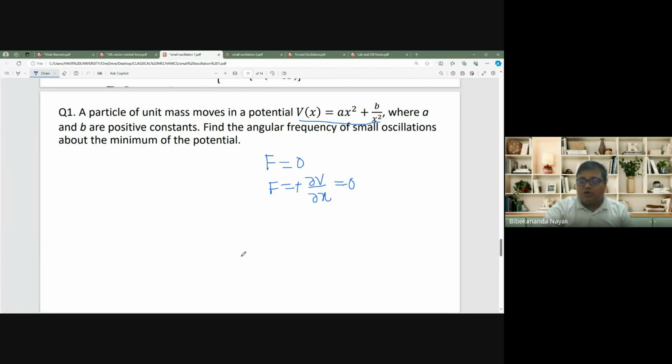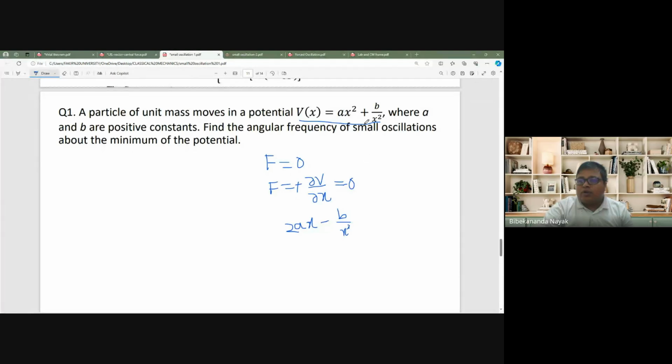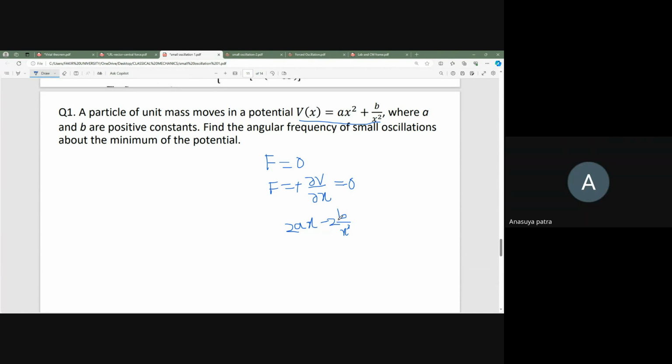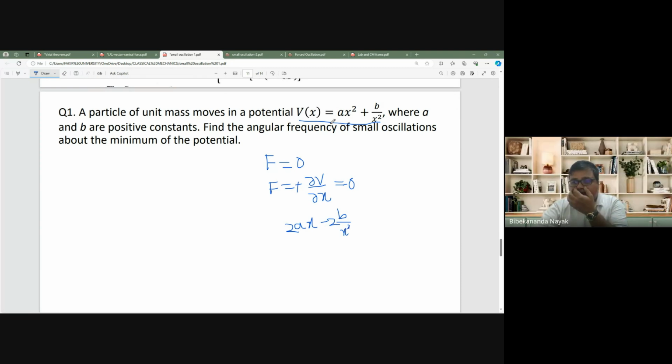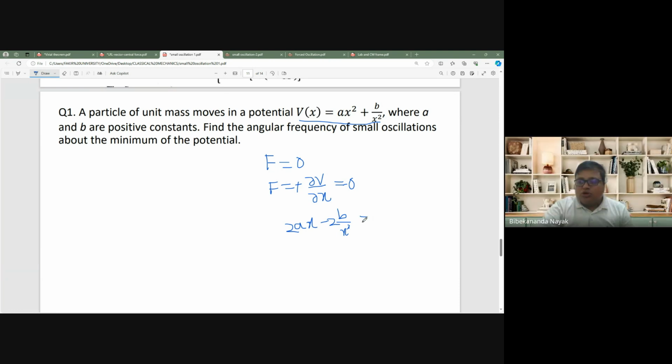Here del V by del x is how much? 2ax minus 2b by x cubed. The derivative of 1 by x squared gives minus 2 by x cubed. Yes, sir. This should be 0.